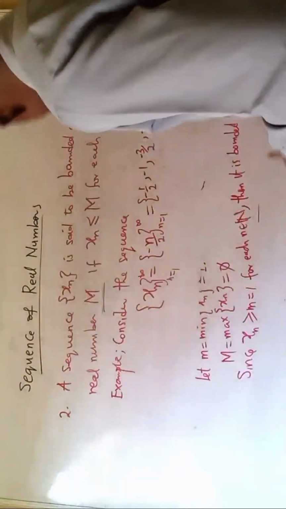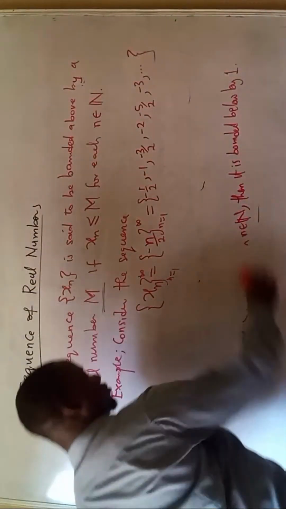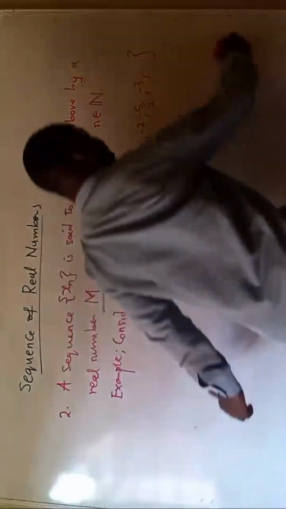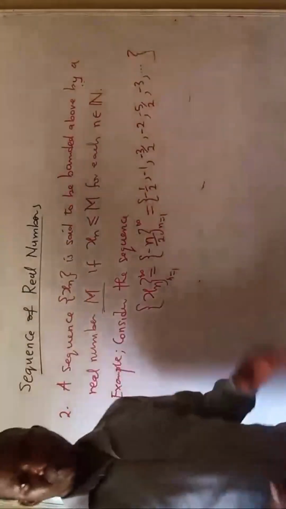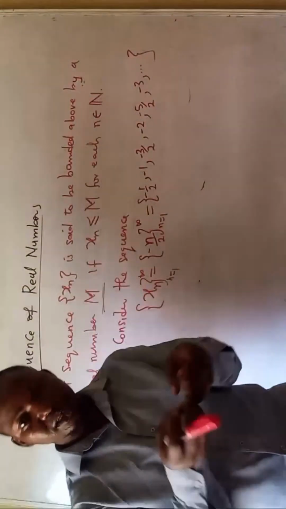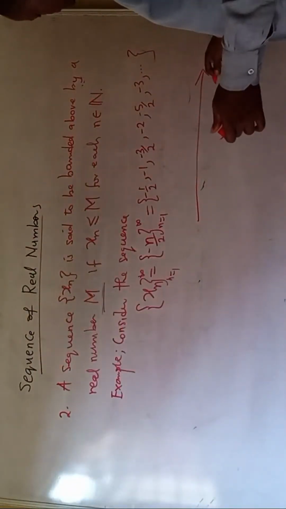So what you are seeing here is that if you rearrange this sequence on the number line, let's see how it behaves.